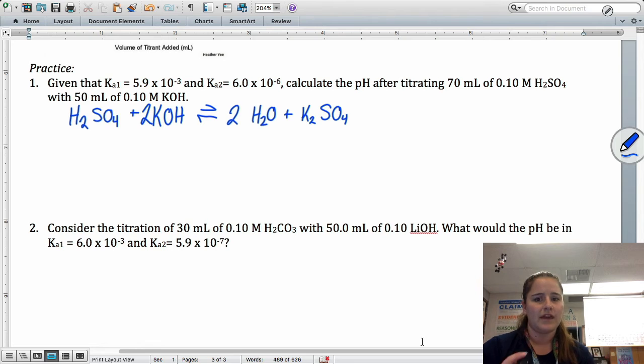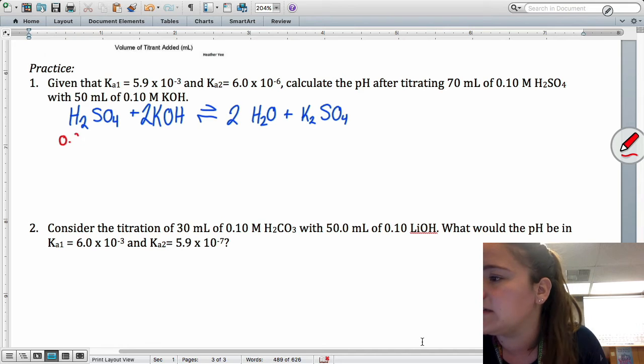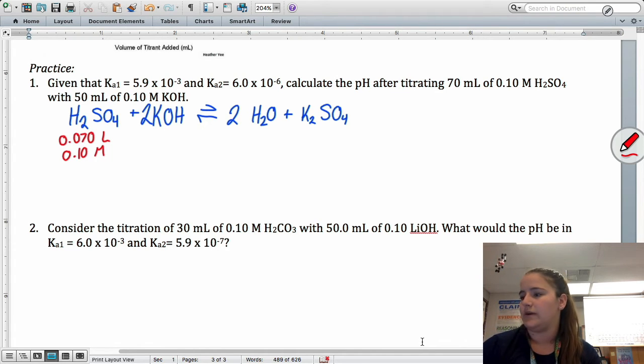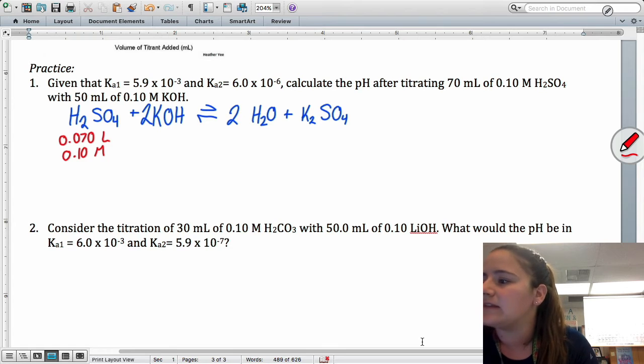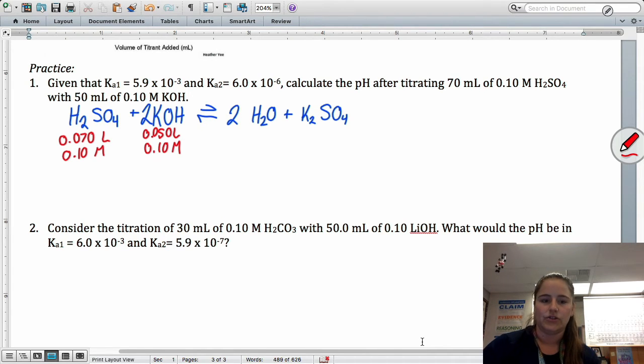Now let's think about the calculations and what we have. We had 70 milliliters of 0.1 molar H2SO4, so 0.070 liters, sorry, of 0.10 molar H2SO4. And we've mixed that with 0.050 liters of 0.10 molar KOH.